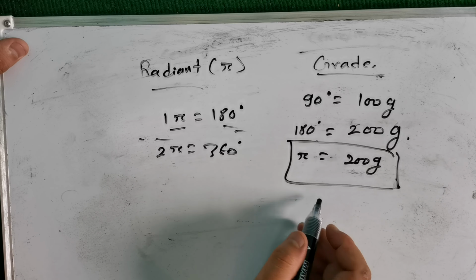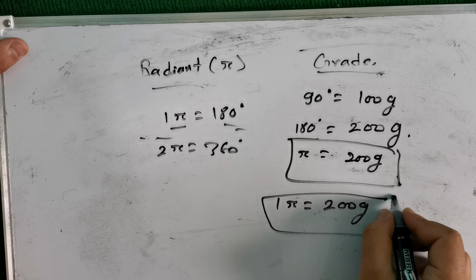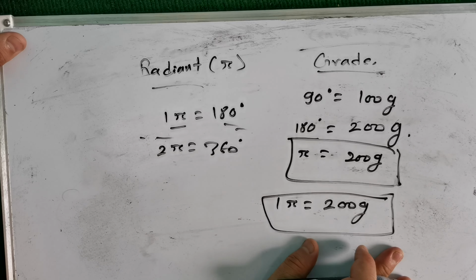This is the answer: 1 radian is equal to 200 grades. You have to remember it like this, but you will not be asked in the exam, just for your concept only.